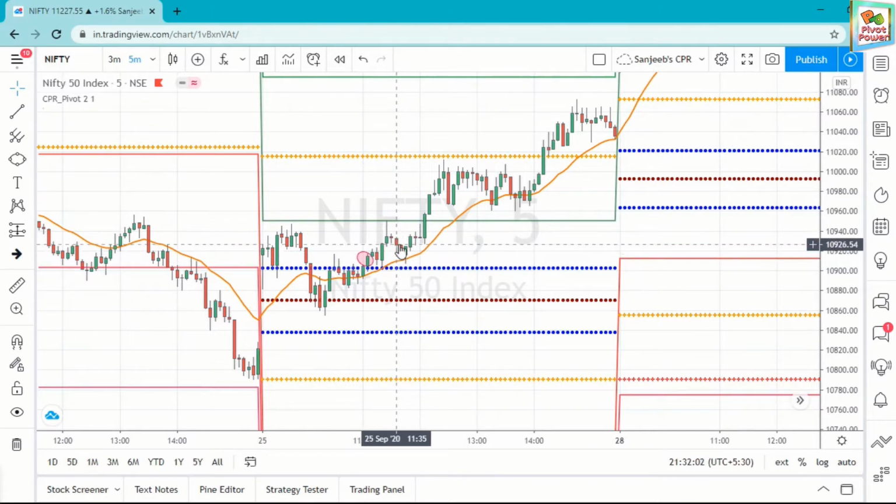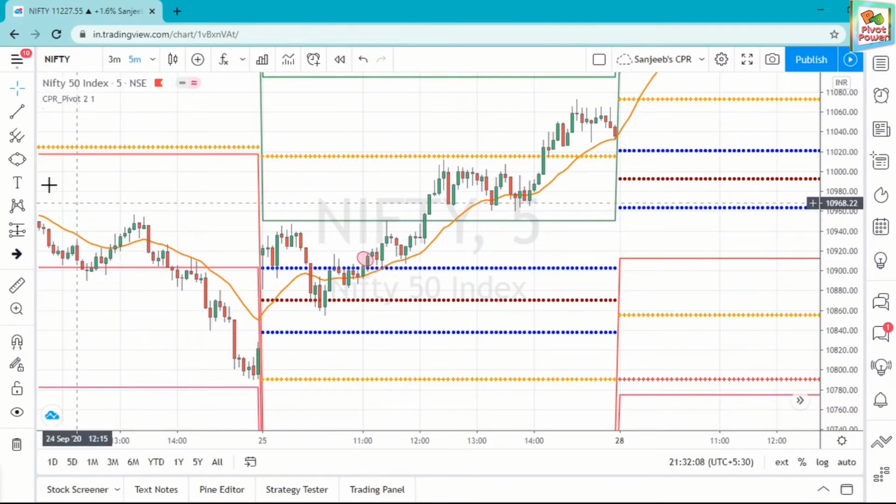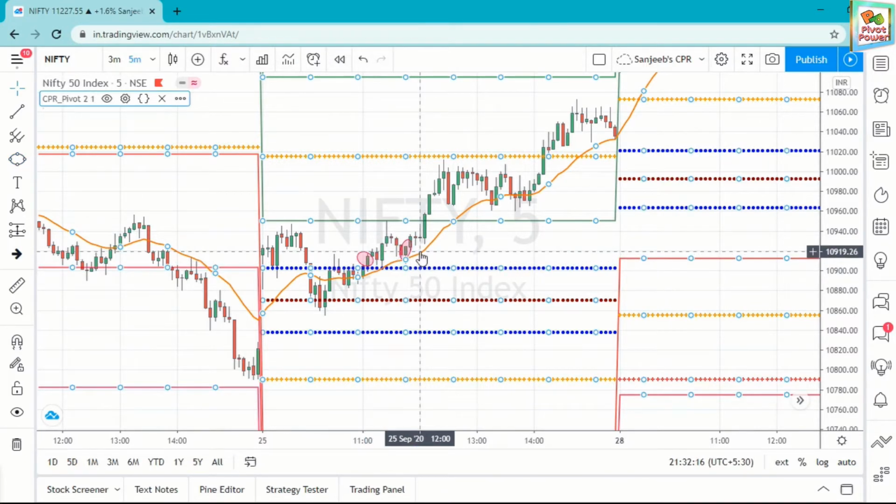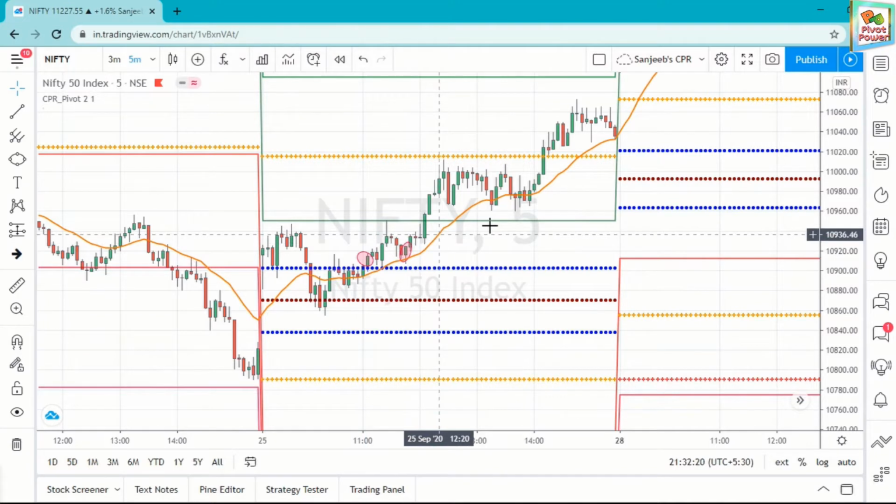Here the red candle is here, then a green candle, then the entry should be here, on the green candle. Then the stop loss below the CPR or below the 20 EMA candle.